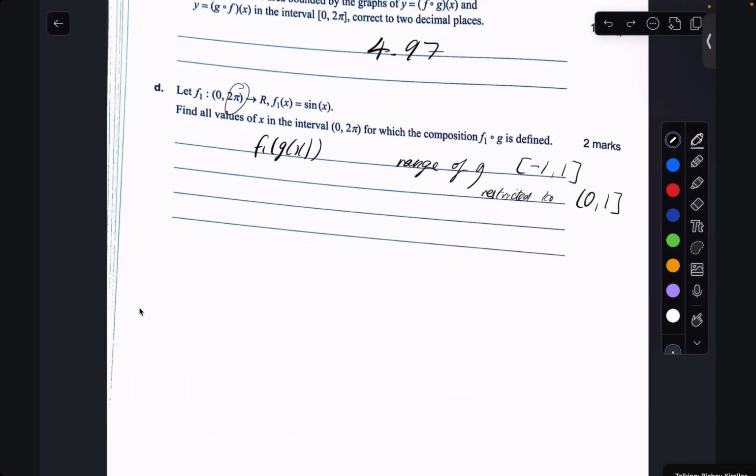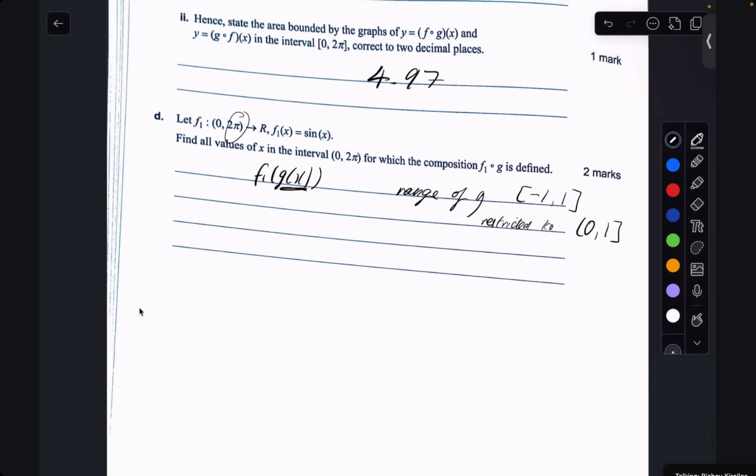Now what we need to do is figure out the domain of g that gave that. So what's the domain of g that gives a range of 0 to 1? If we have sine 2x, well, 0 would happen at 0, and up until, when is sine equal to 1? Pi over 2.